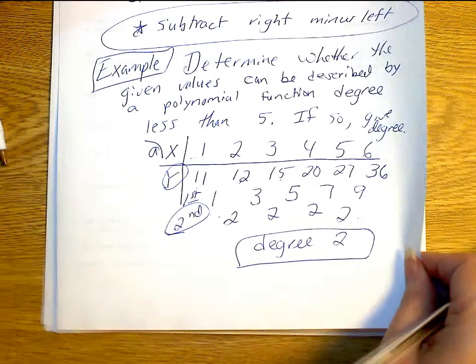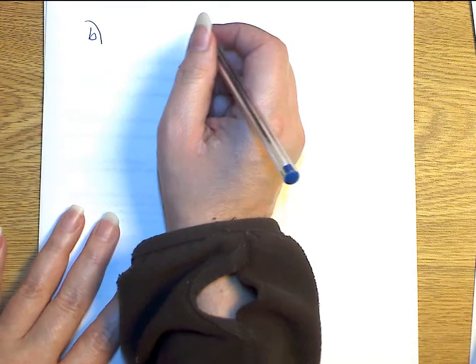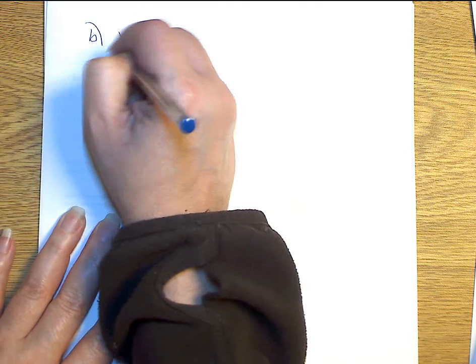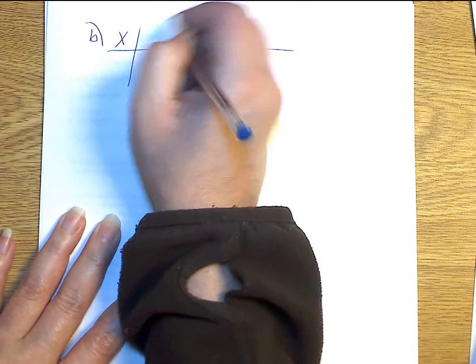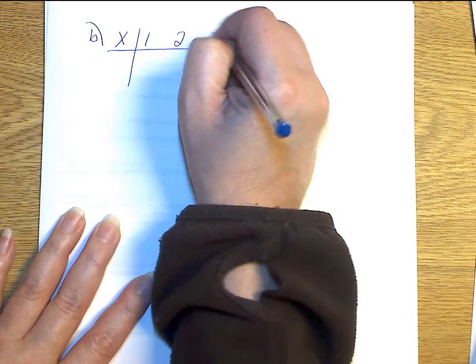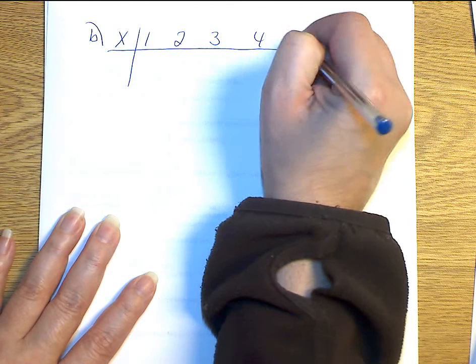All right, I'm going to give you one now to try. We're going to call it B, so we don't have to write the directions again. My x values are 1, 2, 3, 4, 5, and 6.